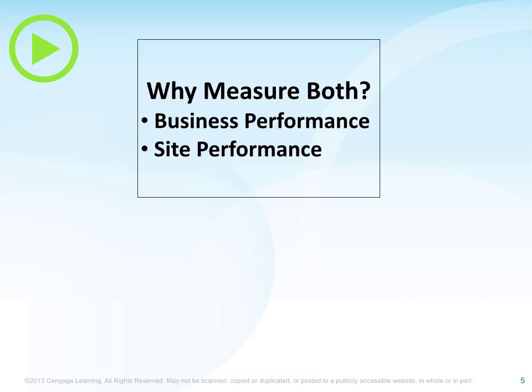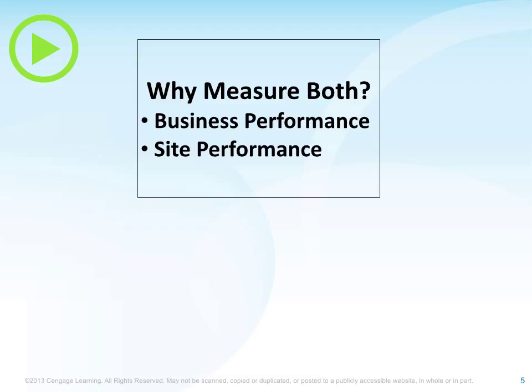Those are all business performance. A site performance might embrace ultimately business performance, but they can have their own unique attributes as well, or their own unique metrics for performance.